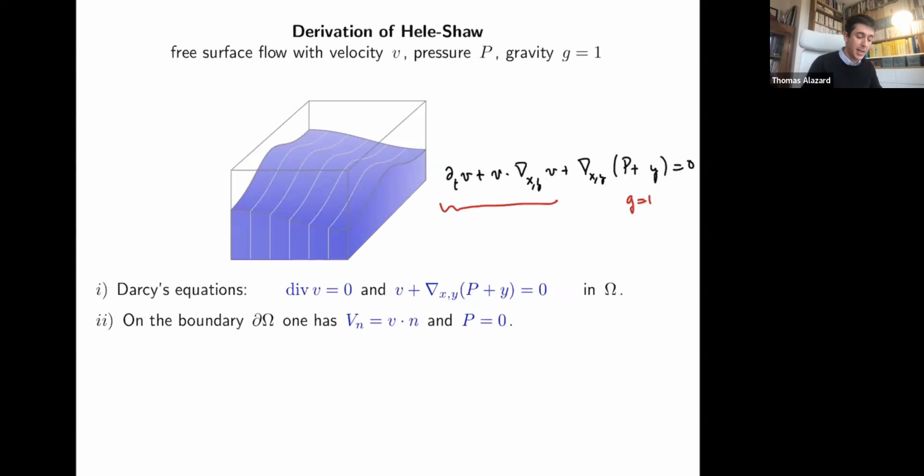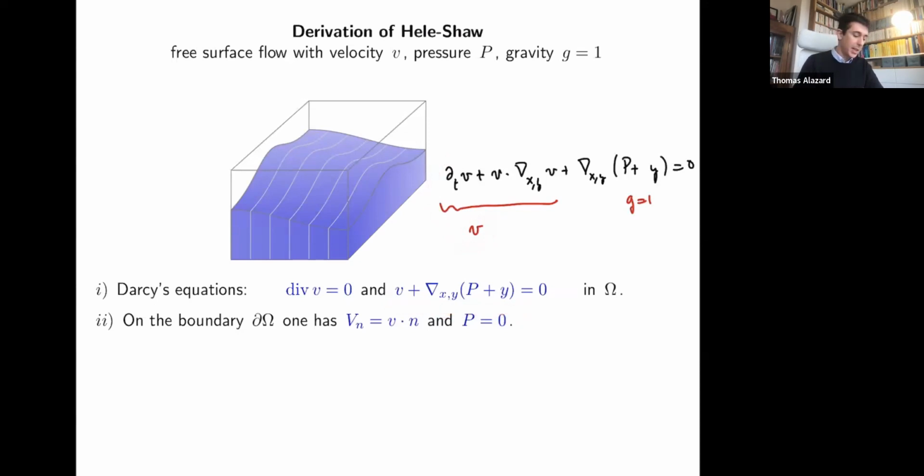To obtain the Darcy equation, you simply replace the convective derivative, ∂_t v plus v dot gradient v, by the velocity v itself. So instead of having the incompressible Euler equation, you have the Darcy equation. This is inside the fluid domain.